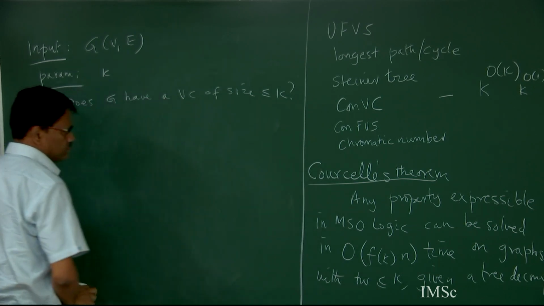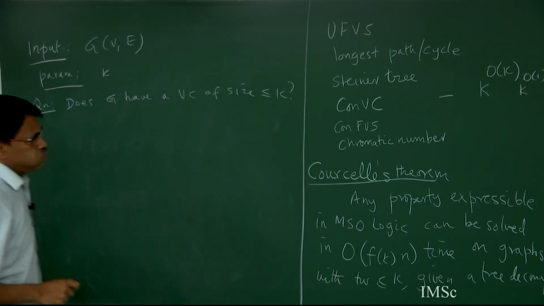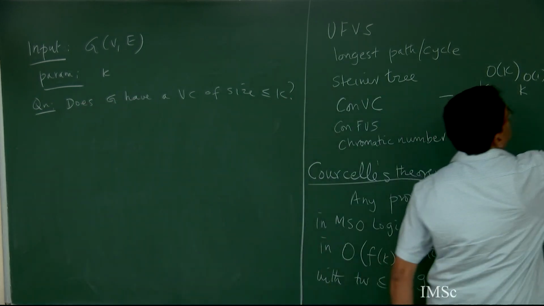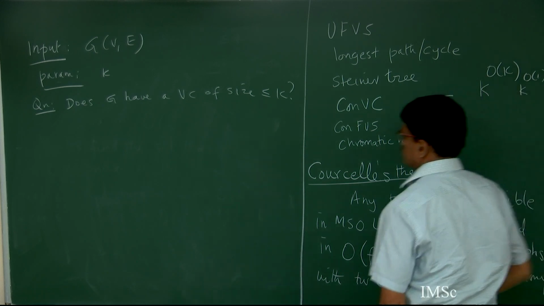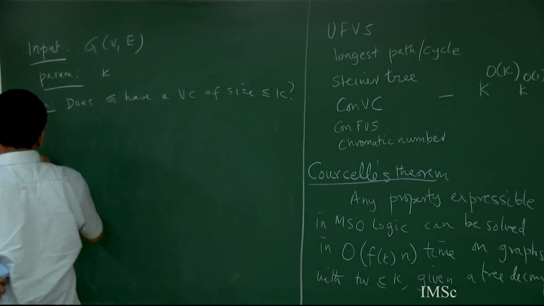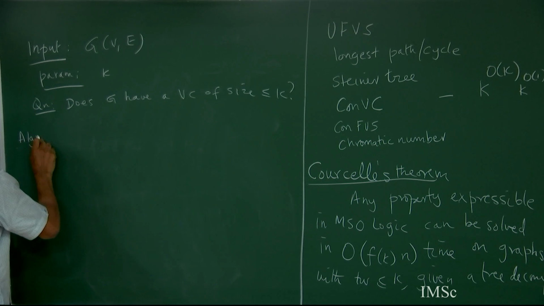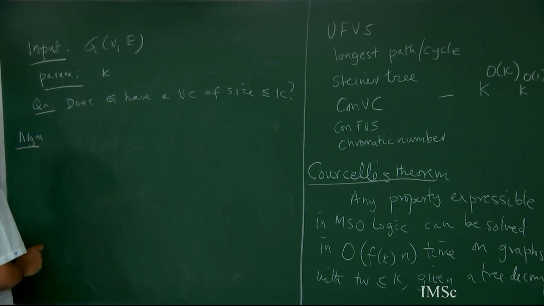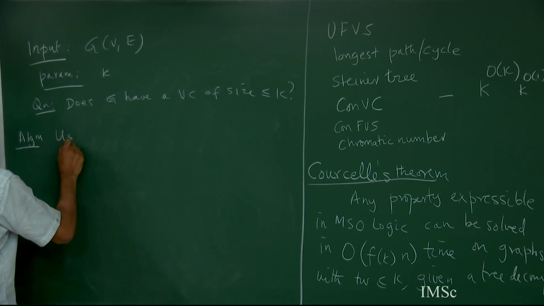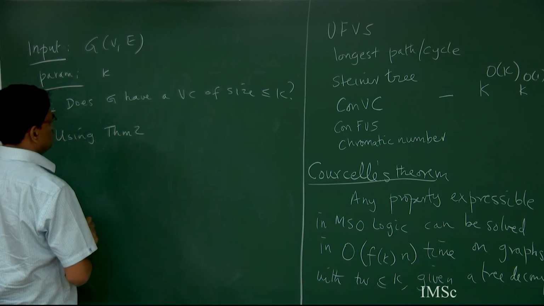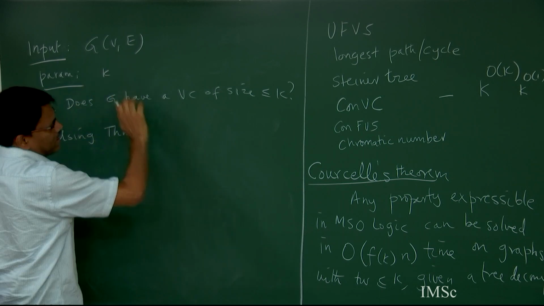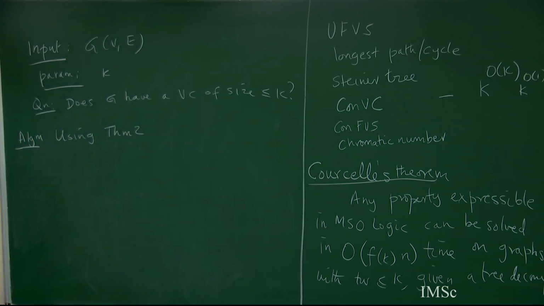So, here is my algorithm. Using theorem 1, theorem 2. I take my graph, take that k and give it to theorem 2.